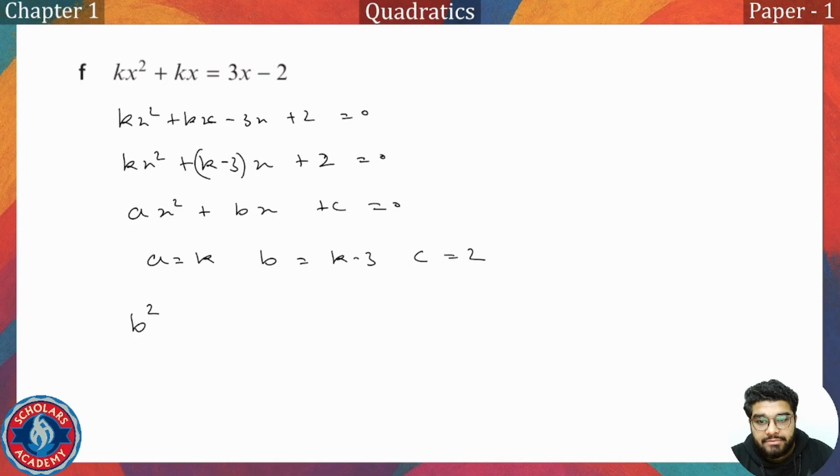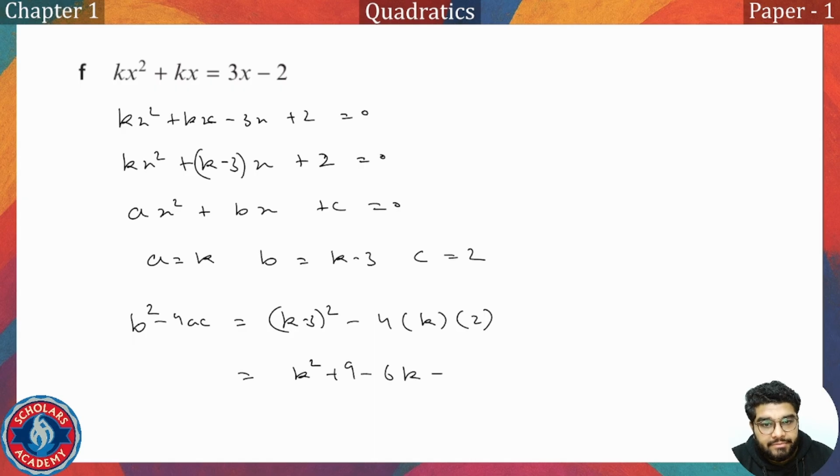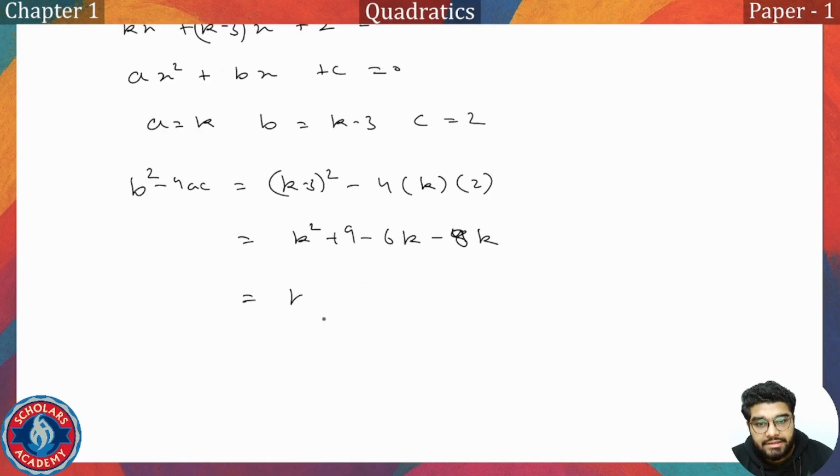Finding the value of the discriminant b² − 4ac, what I get is (k − 3)² − 4, a is k and c is 2. If I open this whole square, I get k² + 9 − 6k − 8k. So I get k² + 9 − 14k.